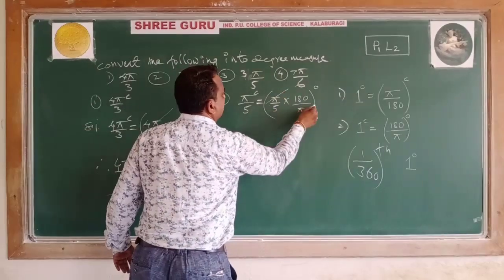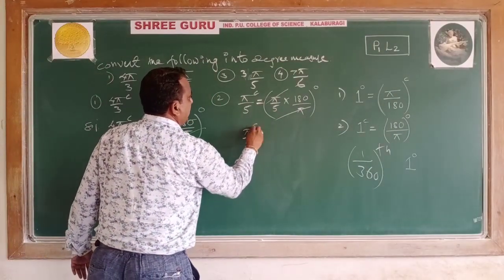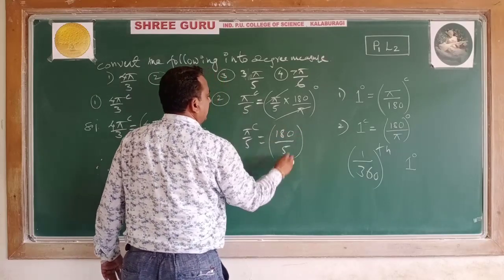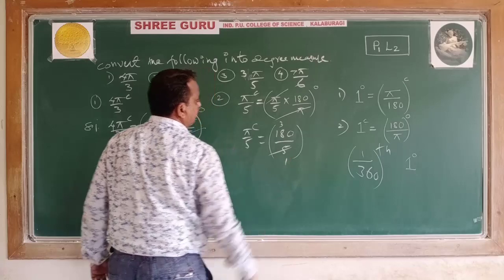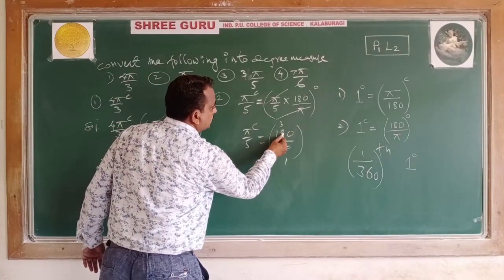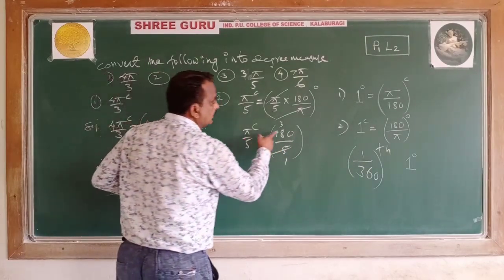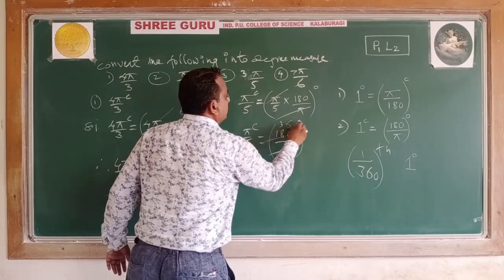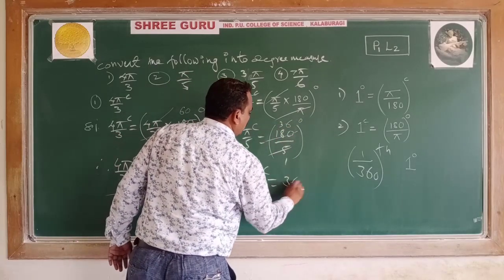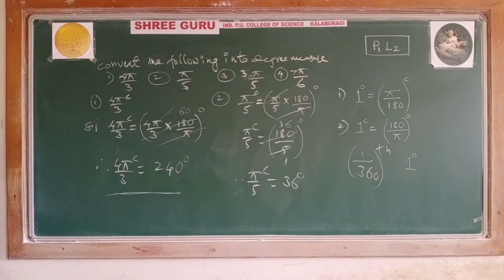This pi and pi get cancelled. See how much it is? Pi by 5 radian, 180 by 5. 5 3s are 15, 3 remains, 5 6s are 30. So pi by 5 is equal to 36 degree. This is the second example.